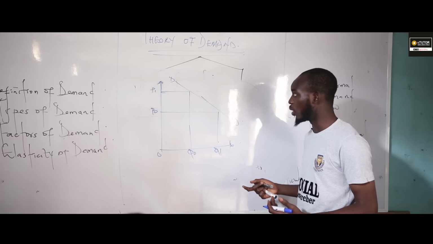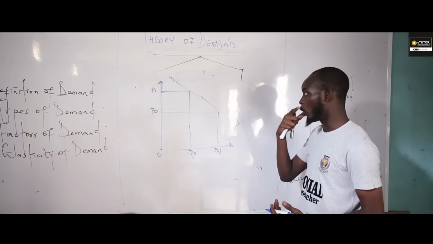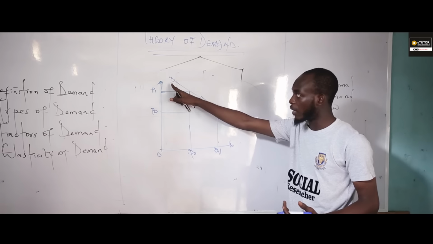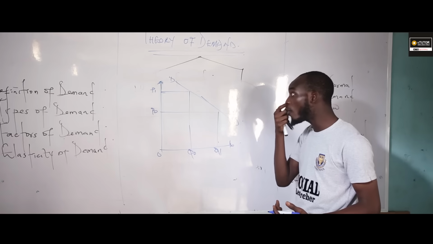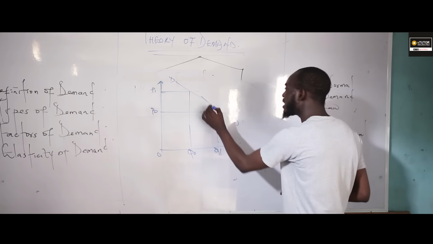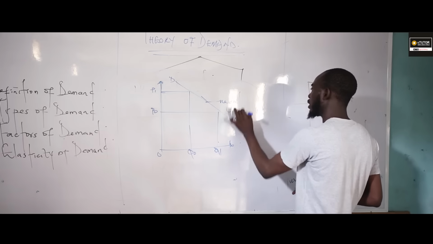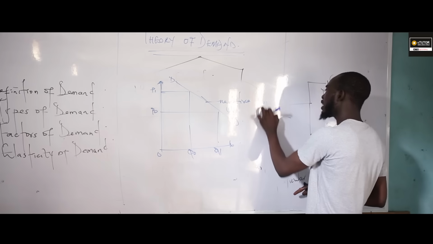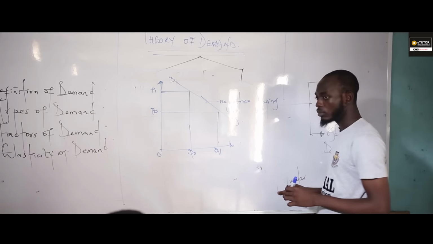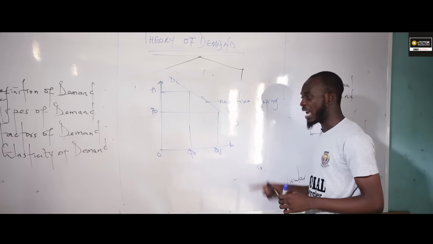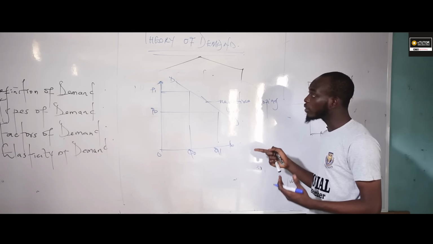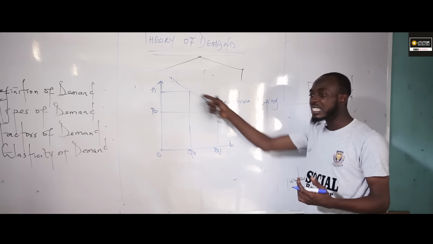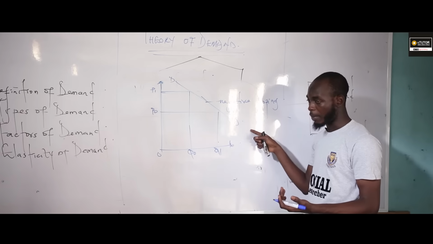Am I communicating? Whenever you see any curve like this, the curve of demand is always negative sloping. It can never be positive, except we are talking about abnormal demand law. Am I communicating?